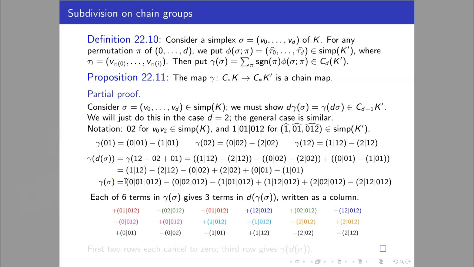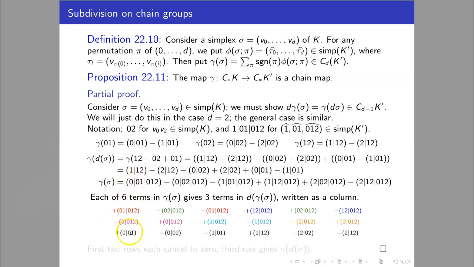Okay, so now that's our gamma sigma, and then we need to do D gamma sigma. We're supposed to be proving that D gamma sigma is the same as gamma D sigma. So for each of these 6 terms, we have to apply d to it. And so we take d of this, we omit the 0, we get 0, 1 bar 0, 1, 2 here. Omit the 0, 1, you get 0 bar 0, 1, 2, which is here.